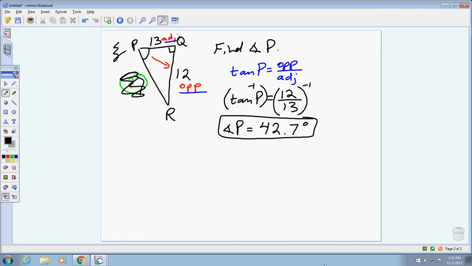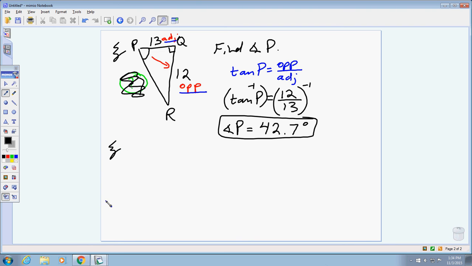Other people would have to go second function tan first, then put in the 12 divided by 13, close the bracket, and hit equals. So you've got to figure out your calculator. If you can figure out the 42.7, great. If you can't and you're struggling with it, ask your neighbor, because somebody will be able to help you, Mr. Garinger or Mr. Domenko.